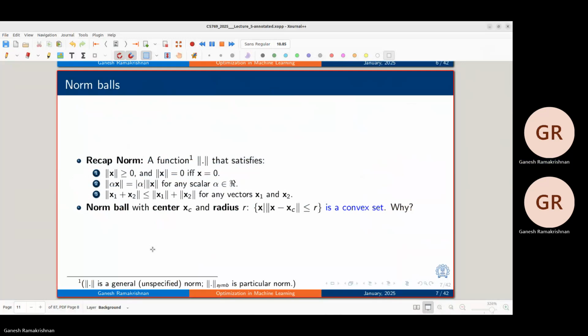Or it will be P raised to half, which would turn out to be A. Think about it. So let's say this is defined to be x minus xc. What would I do here?